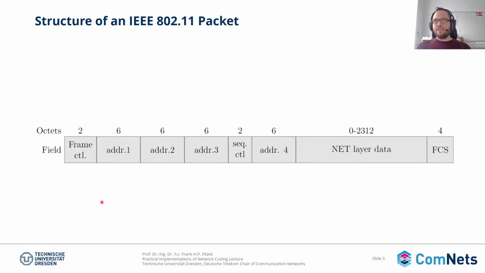It has a header to address the source and destination, and it has the actual data, which comes from all the layers above. Then it has some bytes reserved for the FCS, which is a 32-bit cyclic redundancy check.